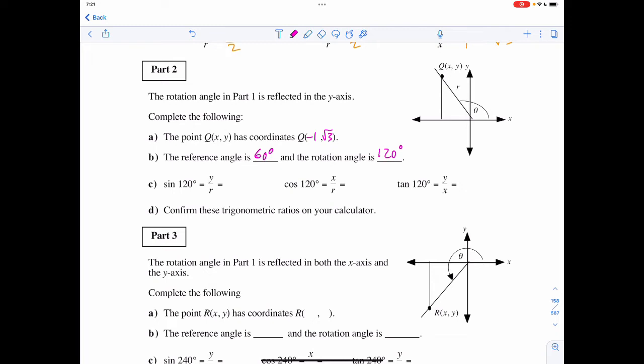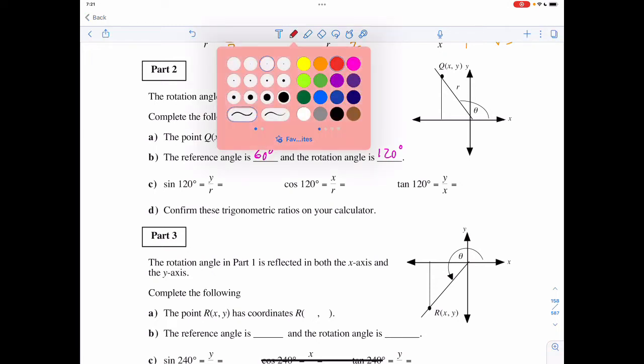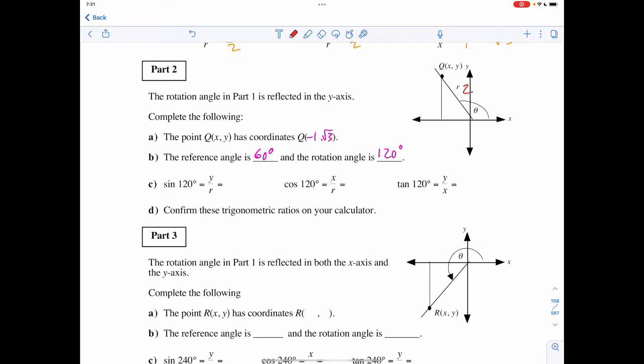Well, I know that the other values are going to stay the same. So I have r is 2, I have my x is negative 1, and I have my y is the square root of 3. So my y value divided by my r value is just root 3 over 2.